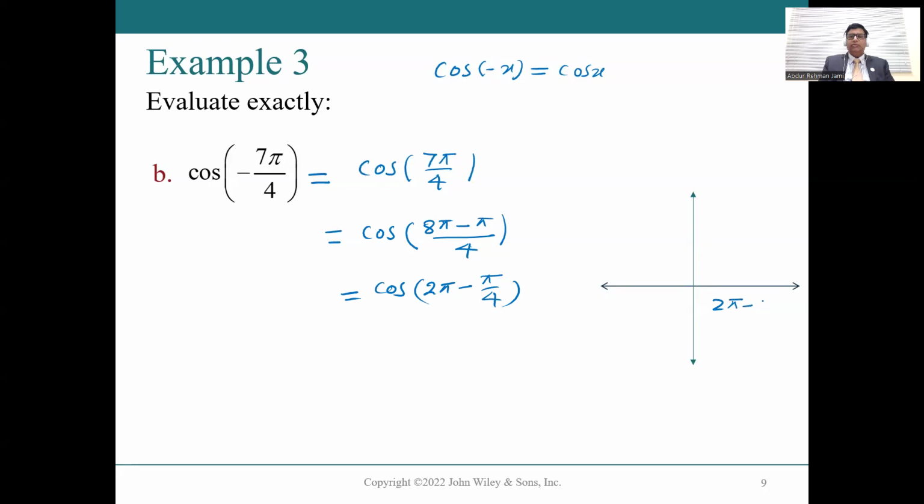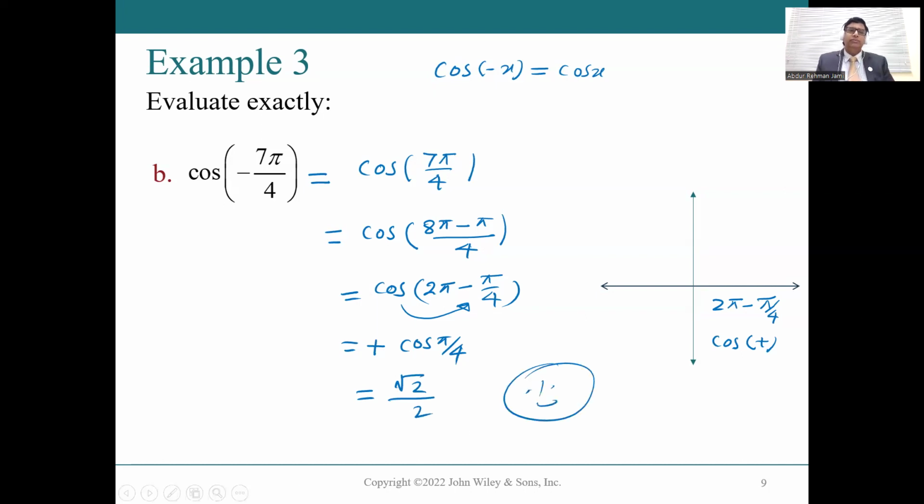It is in quadrant number 4. And here, quadrant number 4, what is the sign of cosine function? Tell me. So this is positive. So we write a positive sign here. And cosine function first we write with this one. Cosine of pi over 4. And cosine pi over 4 is radical 2 over 2. This is our final answer of this question.